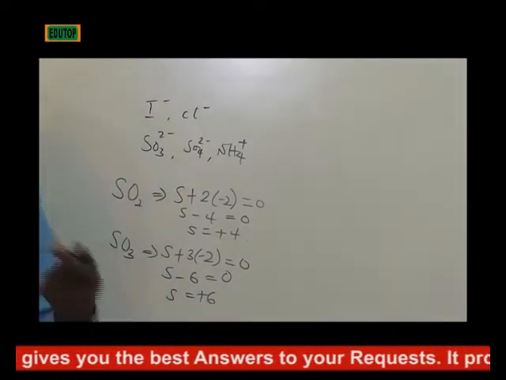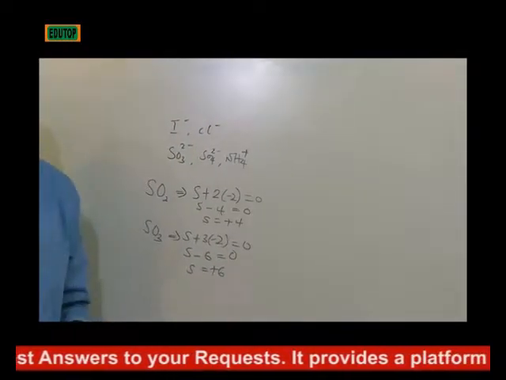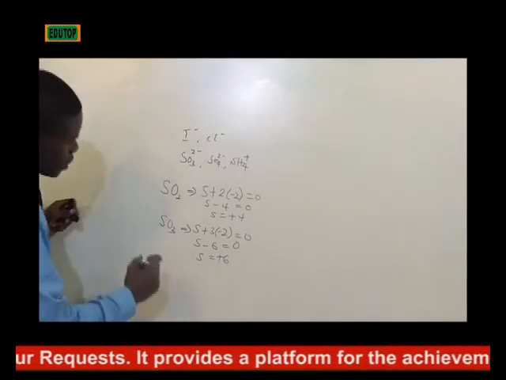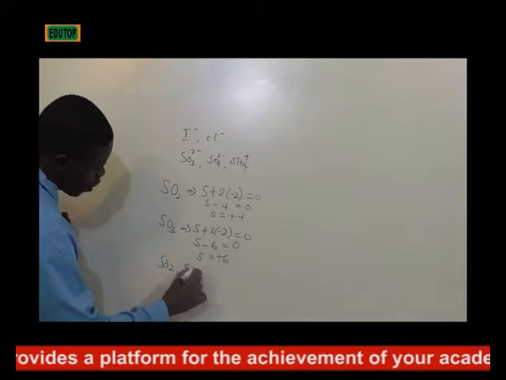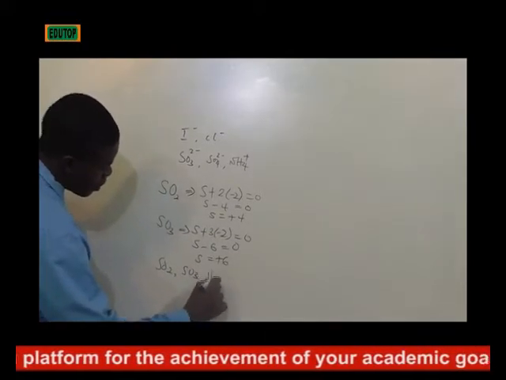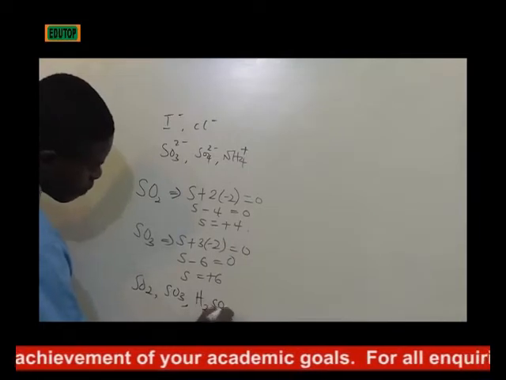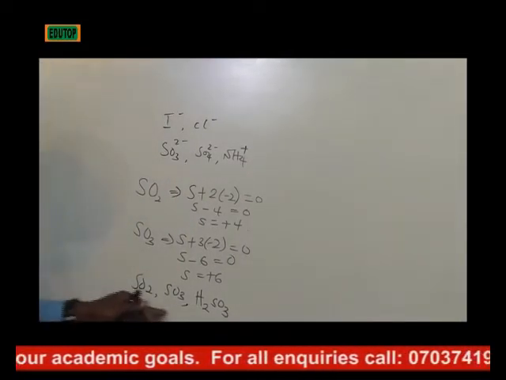In these respective compounds: sulfur 4 oxide, sulfur 6 oxide, and trioxosulfate 4 acid. This is sulfur 4 oxide, this is sulfur 6 oxide, and this is trioxosulfate 4 acid. So these are the respective compounds.